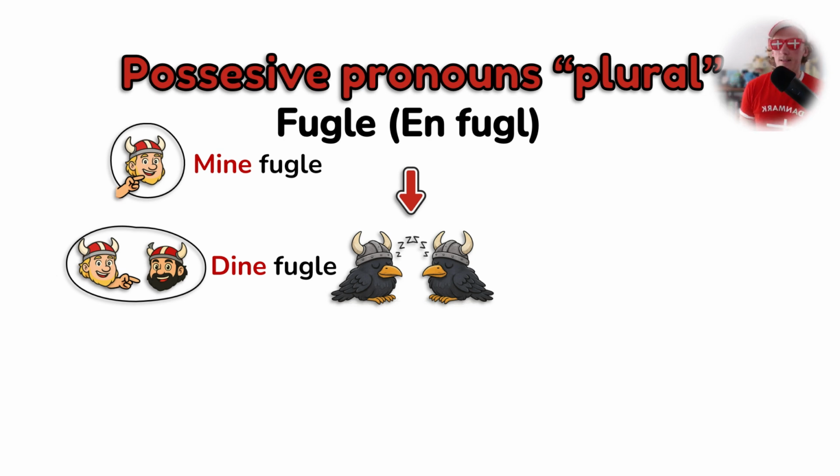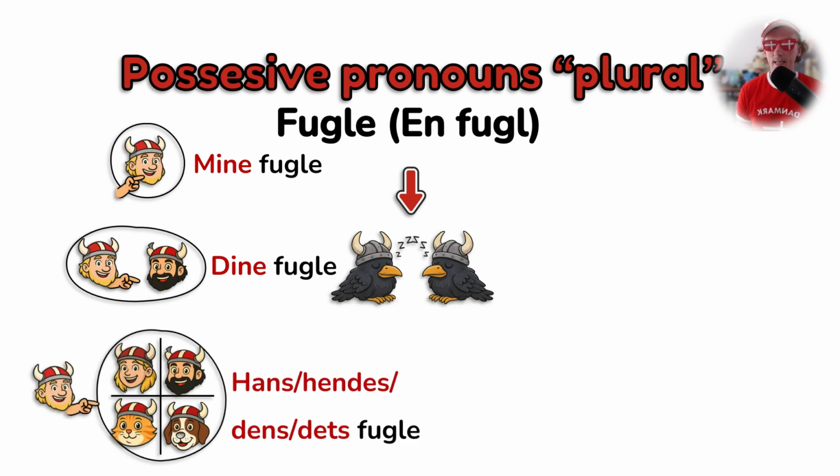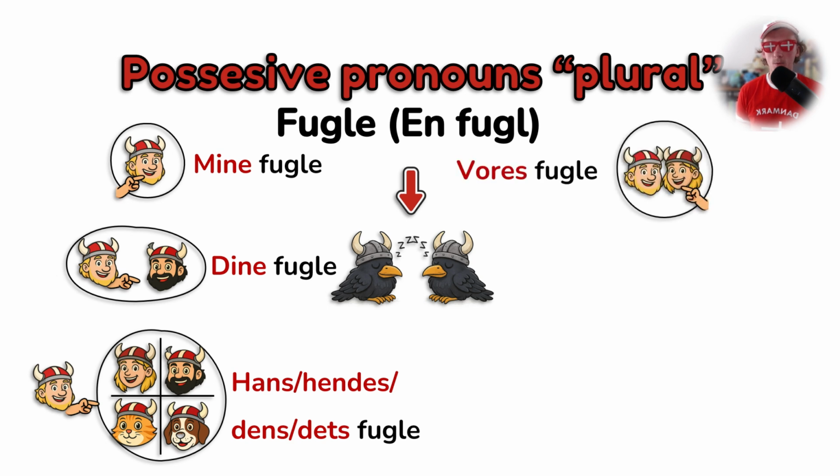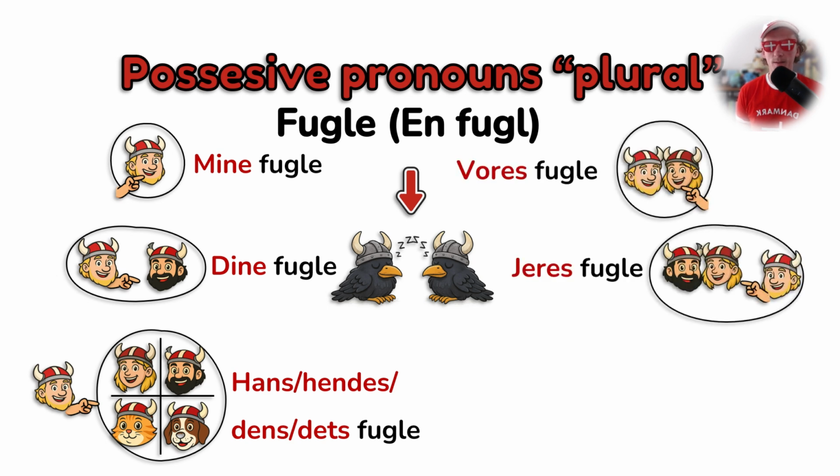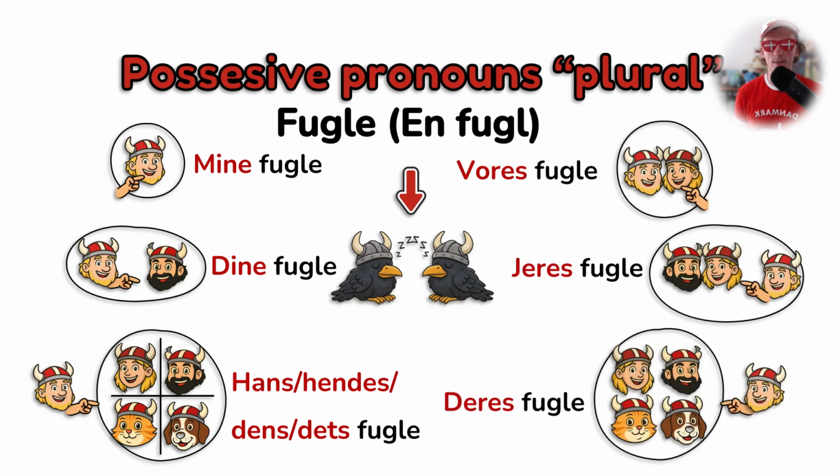So no need to think further about that. It's always mine and dine. Then we have hans, hendes, dens, des fugle, vores fugle, jeres fugle, deres fugle. So this is similar to the singular form. The only thing that changes is the first and second person. So mine and dine. Good.